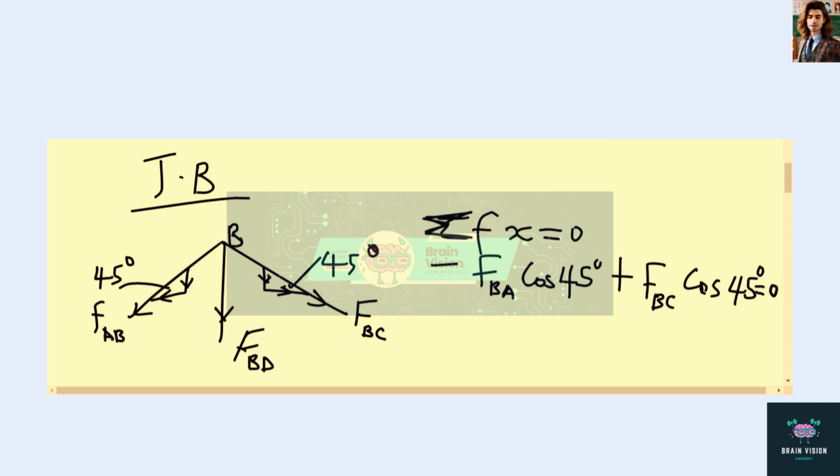When you solve this out, you are going to have F subscript BC to be equal to minus 0.943 P.